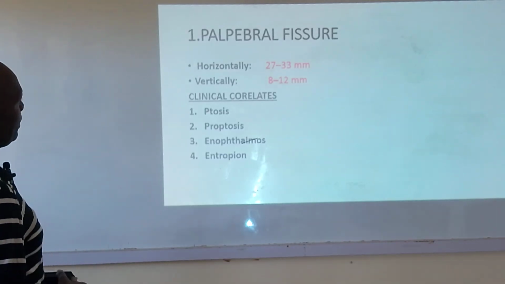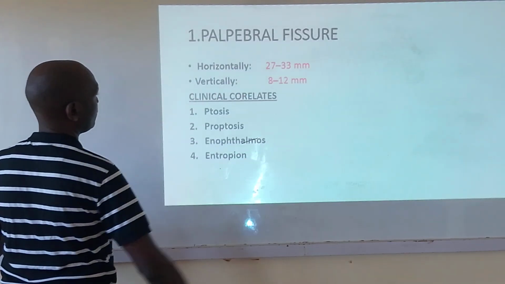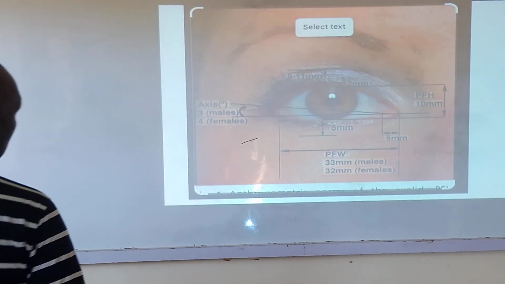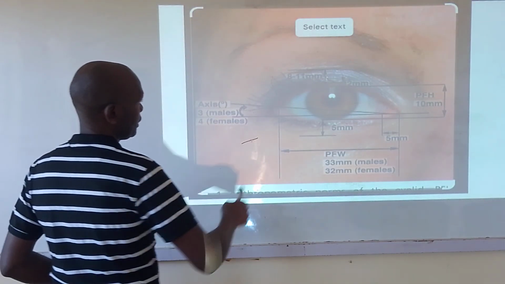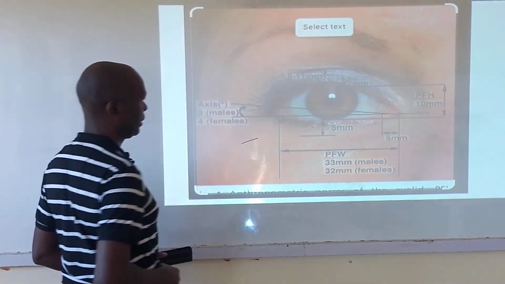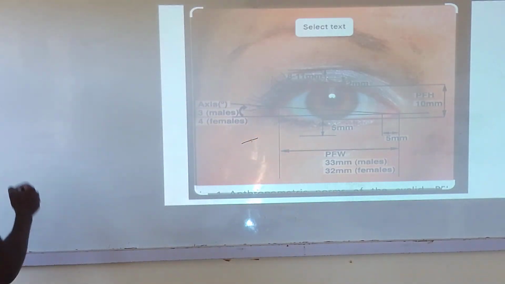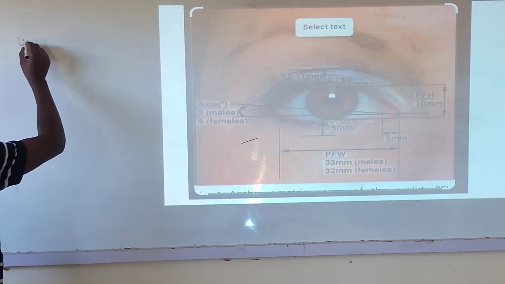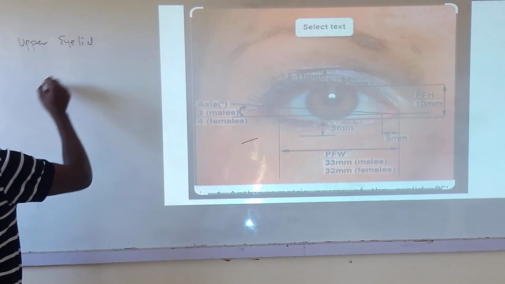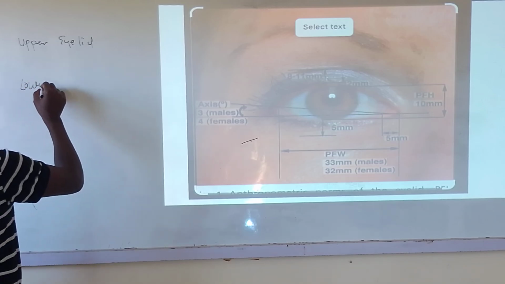So let's look at palpebral fissure. What is palpebral fissure? Let me take you to this diagram here. Palpebral fissure is the opening of the eyelids. This space created when you open the upper eyelid and lower eyelid.